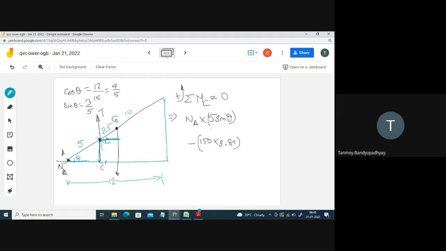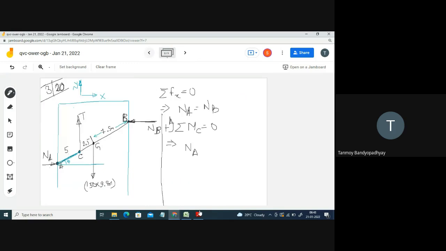So this distance is 2.5 cos theta. Perpendicular by hypotenuse, is it sin theta or cos theta? It will be cos. So 2.5 cos theta. Okay, the point G is done. What else is there?